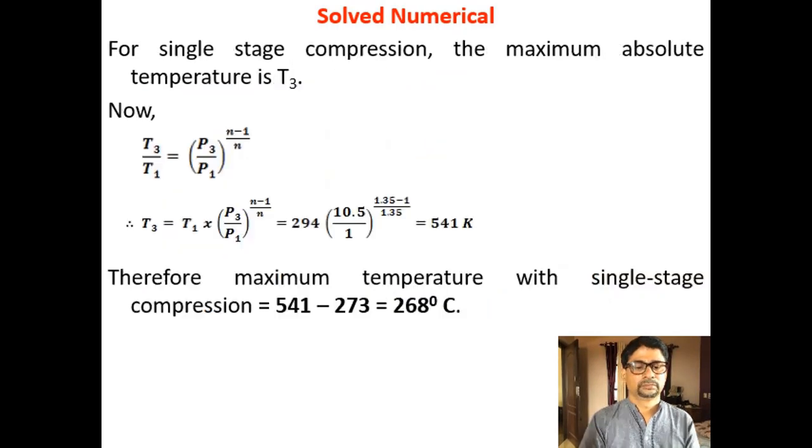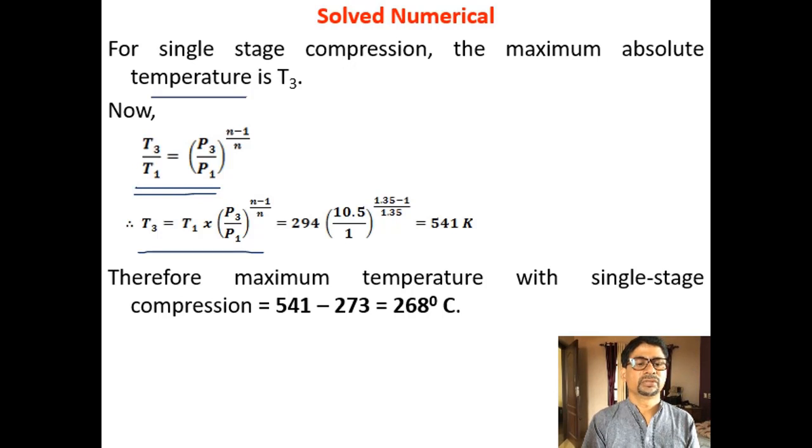Now let us find out for single stage compression the maximum absolute temperature, which is nothing but T3. T3 by T1, because I am taking the final pressure as P3, so the final temperature as T3. From the isentropic or polytropic compression formula, T3 by T1 is equal to P3 by P1 to the power n minus 1 by n. That is the pressure temperature relationship for the polytropic process. So T3 is T1 into P3 by P1 to the power n minus 1 by n.